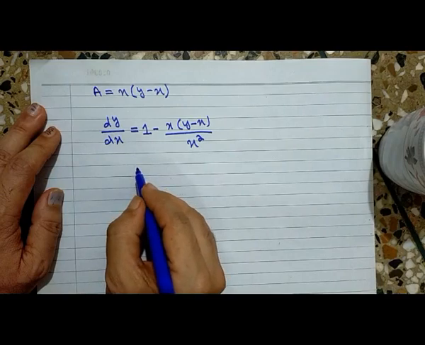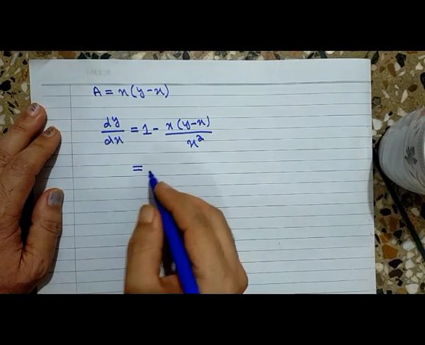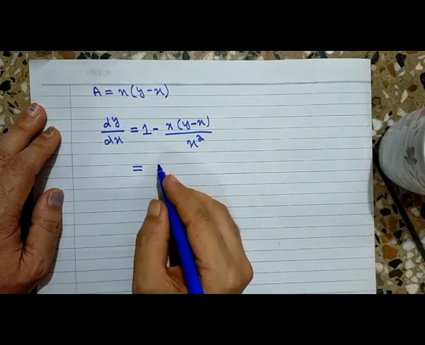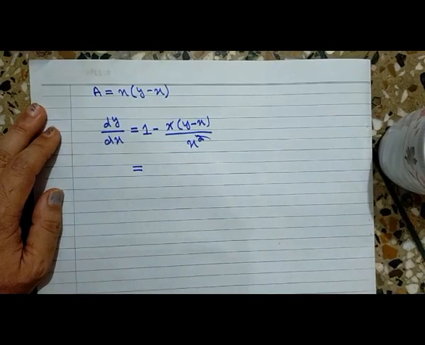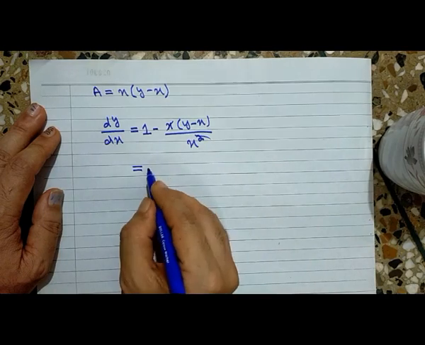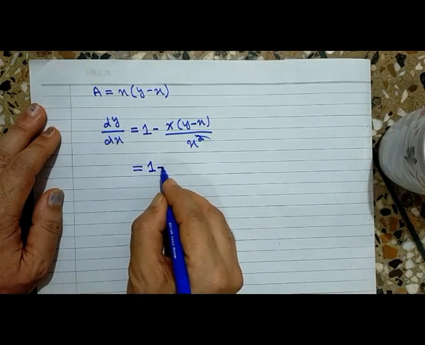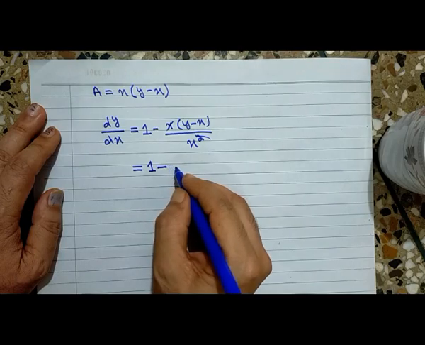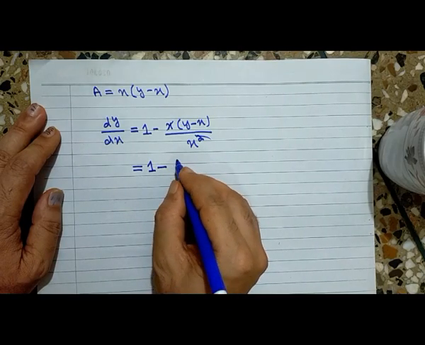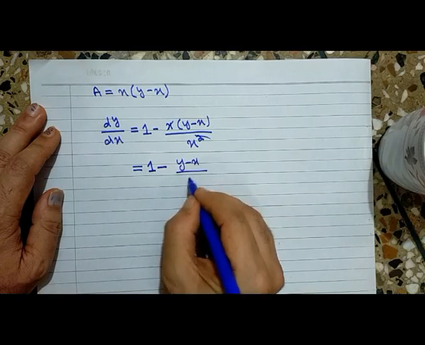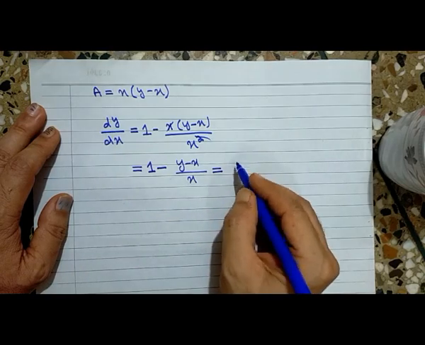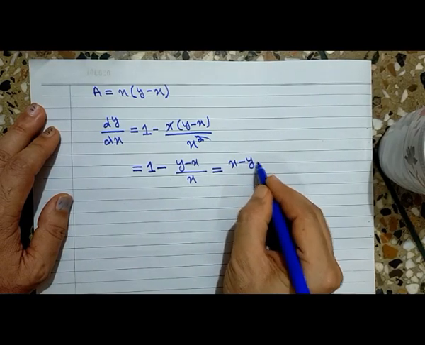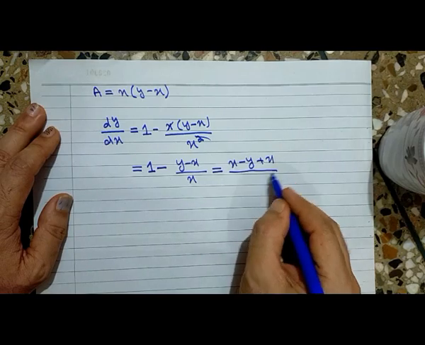Well, we now proceed like this. You will see in here this x, we cancel with 1 x in the denominator, and the result is 1 minus y minus x over x, which is the same as x minus y plus x over x.